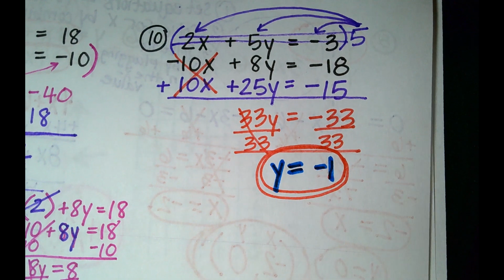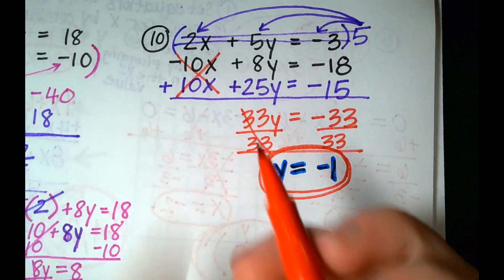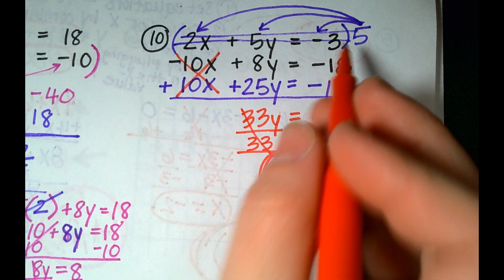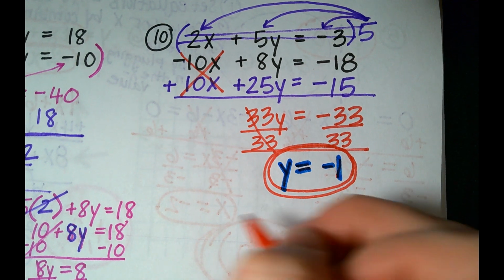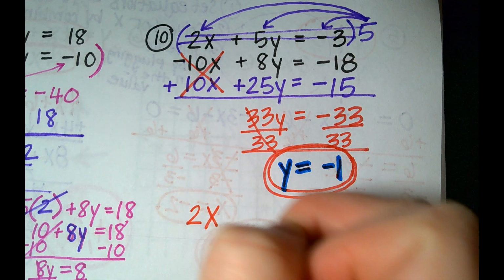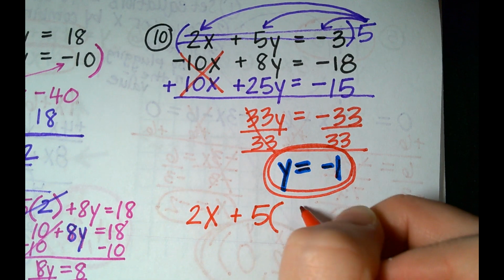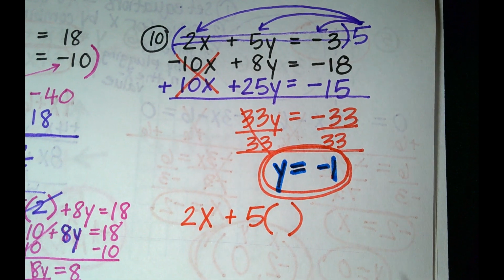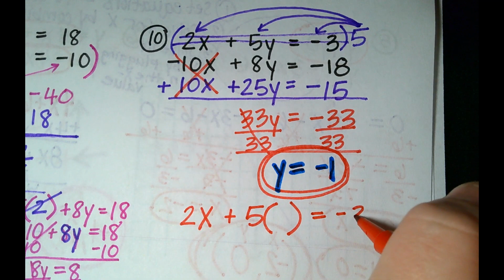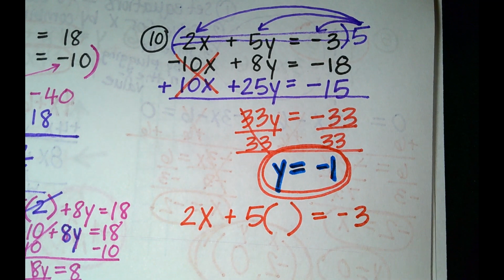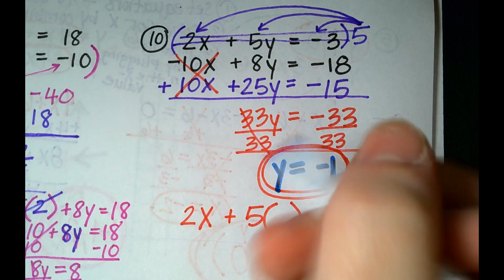Plug it in for y. So let's see. I'm going to use that top equation. Plug it in. 2x plus 5y, leave a space for the y value, equals negative 3. And my y is negative 1.